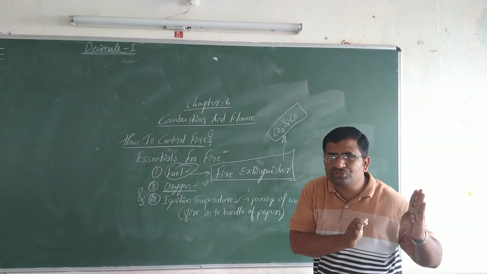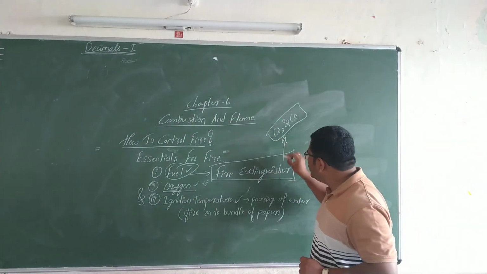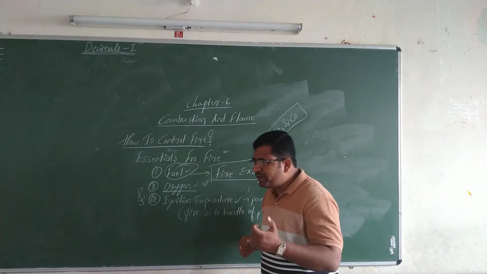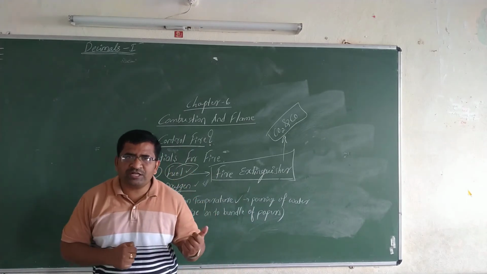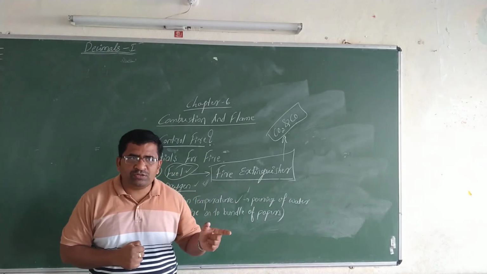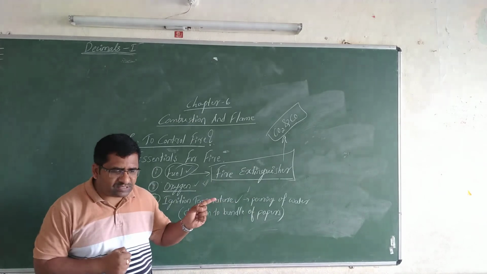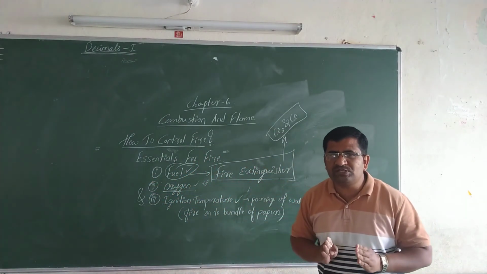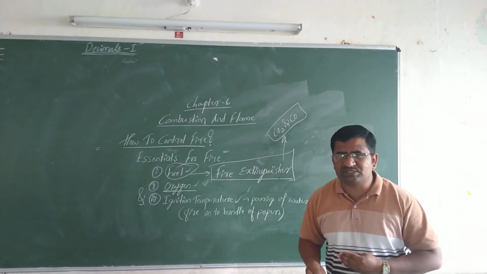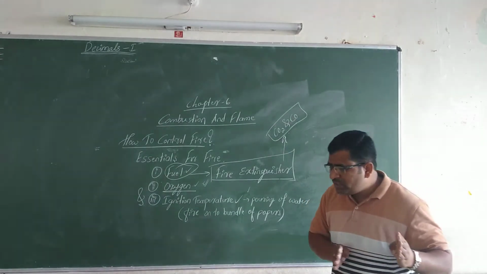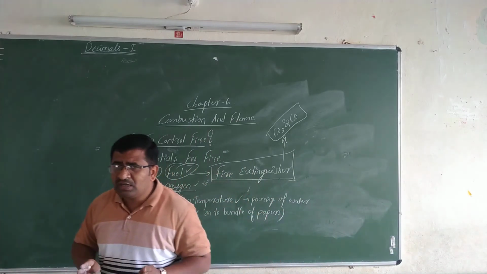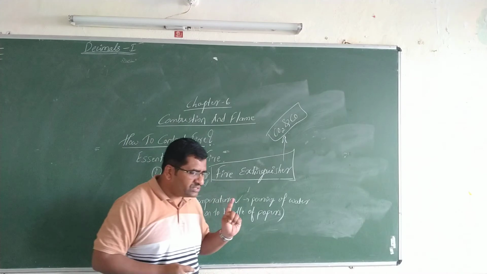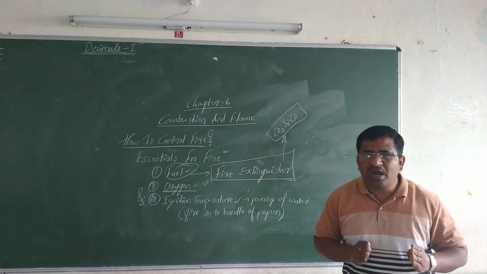If we open the fire extinguisher cylinder and spread the gas onto the place where the fire has taken place, the CO2 and CO gases reduce the supply of oxygen at that place very fast. By that way the fire is controlled. So what is that device? That is the fire extinguisher.